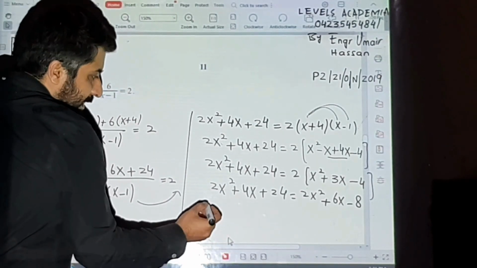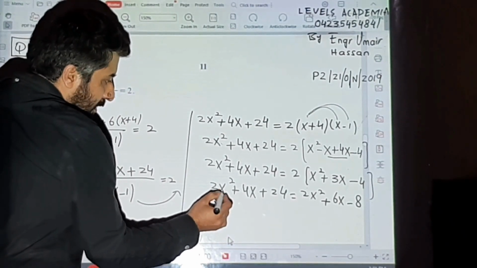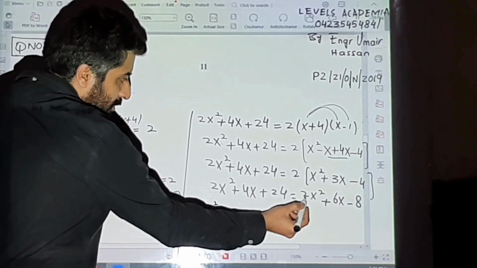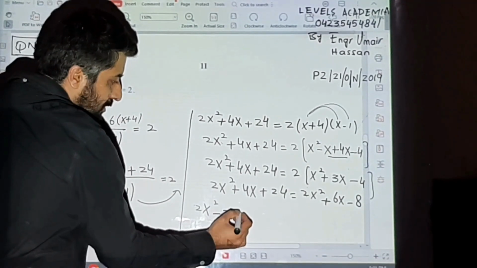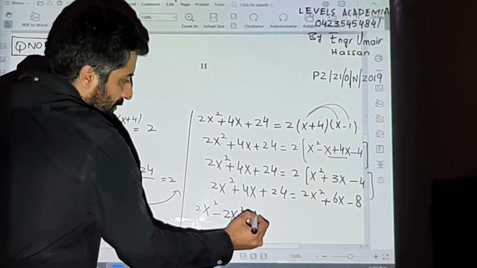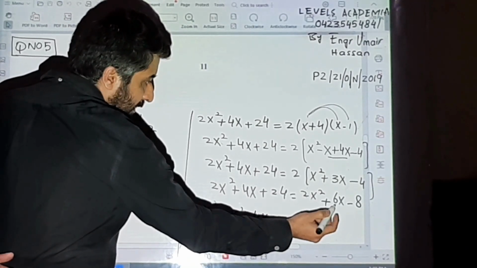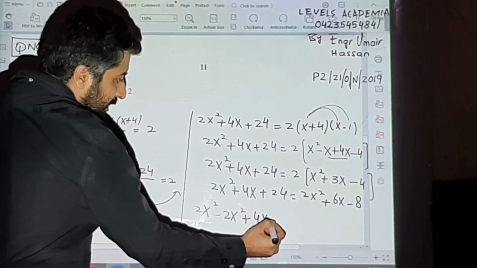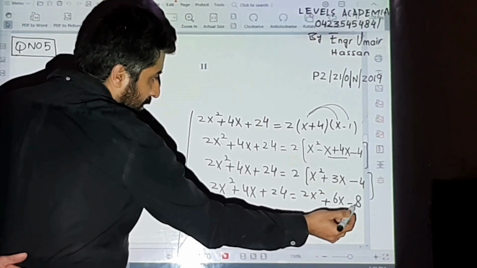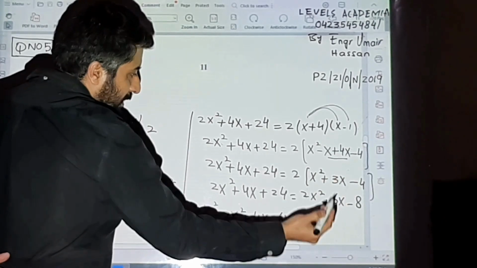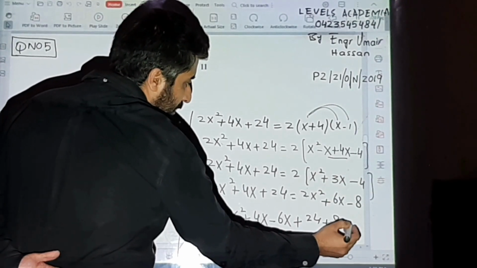Now, combine the like terms, 2x square this one and 2x square from this side of equation will come on here and its sign will be changed, it will be minus 2x square plus 4x and this one is 6x. When you will move it on the left side, it will become minus 6x plus 24, this one and 8 on the right side will be coming on the left side, it will become plus 8 equals 0.